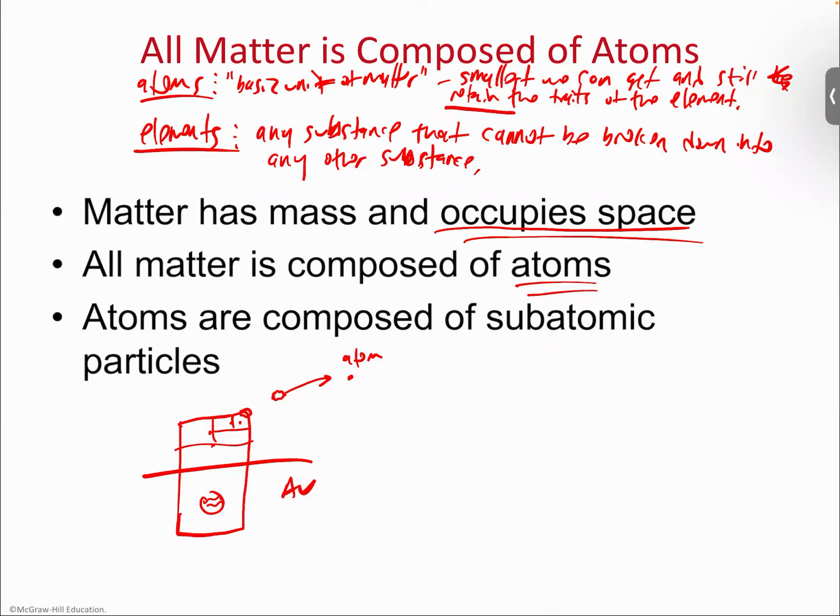How many of you have heard of the term gold leaf? Gold leaf sounds like what it sounds like. Leaf, like a leafy texture, that's made out of gold. It's like a thin sheet of gold. Do you need heat to do that? No. So what property of gold allows you to be able to do that?